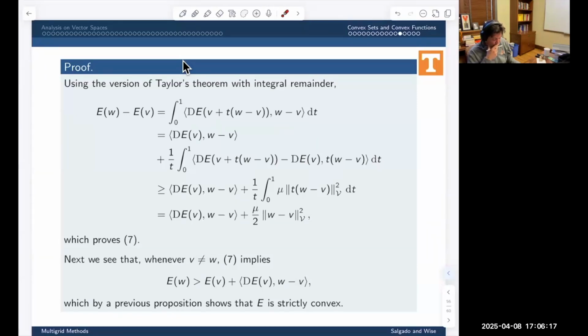Well, let's see. Do I have a mistake here? I think there's a typo here because the T should not be out front, right? This T probably needs to come inside.